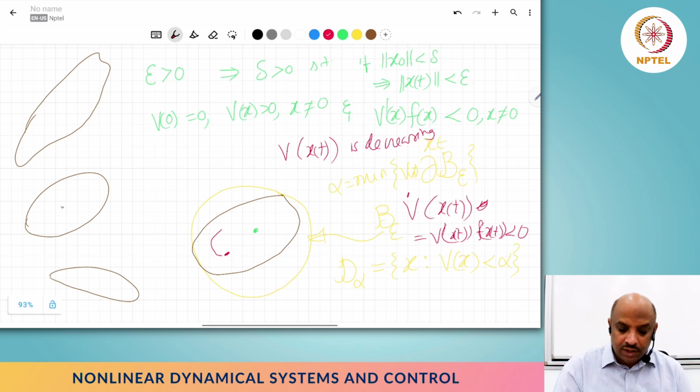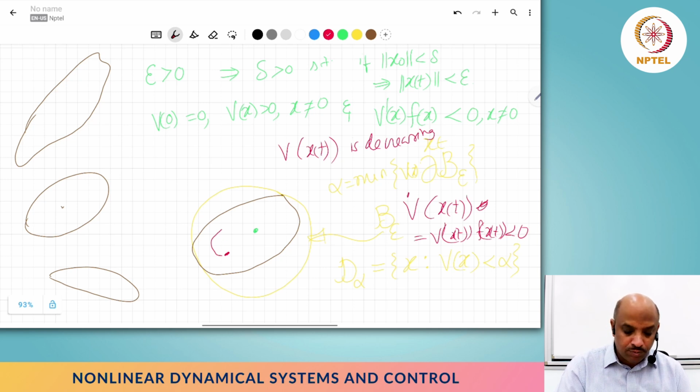Some of the technicalities are basically, does there exist such an alpha, and a lot of these fundamental real analysis results guarantee us the existence of such an alpha. For those who are curious, a continuous function defined on a compact set will always have a minimum and a maximum. So all those nice deep results come into the picture when we try to guarantee that this happens, right?